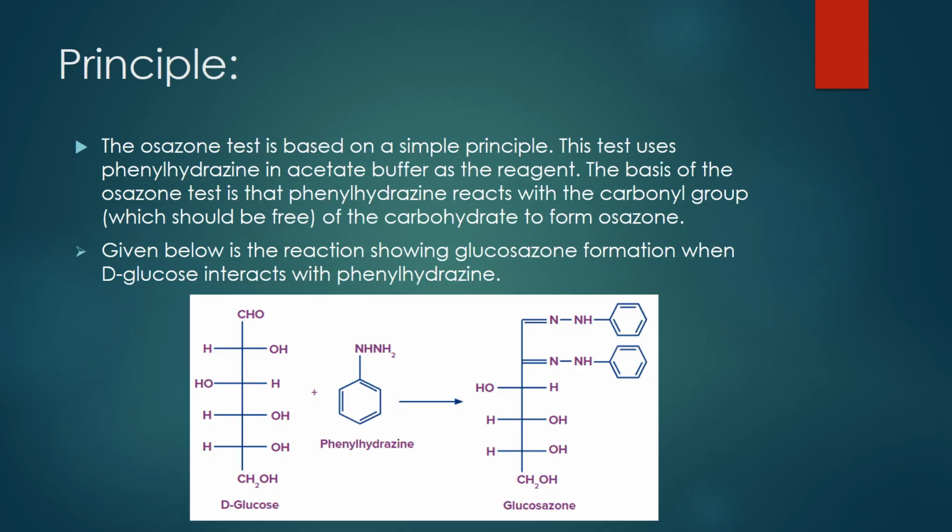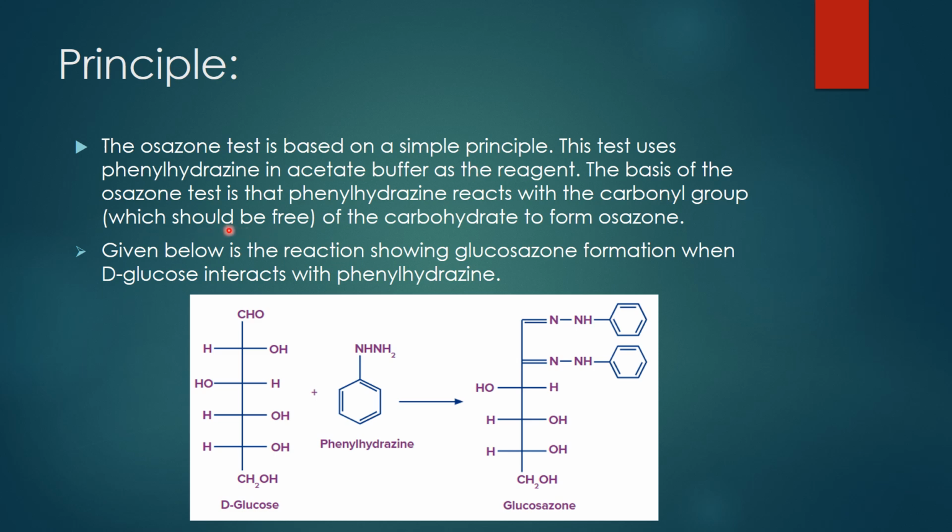The principle of the test is based on a simple principle. This test uses phenylhydrazine in acetate buffer as a reagent. The basis of the osazone test is that phenylhydrazine reacts with the carbonyl group, which should be free.